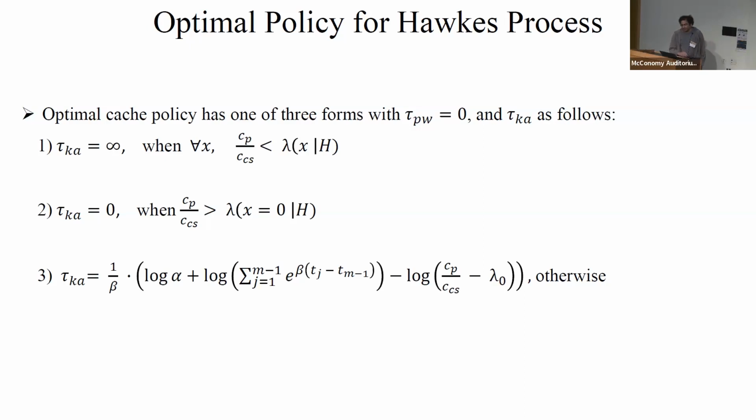Here, the second logarithmic expression, which is the log of a sum of exponents, represents the weight of previous arrivals for the optimal keep-alive window.